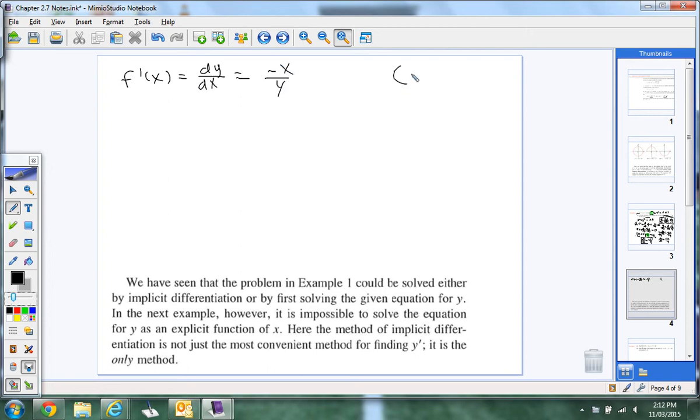The point they give me was negative 4, 3. Okay, so what that does is I plug these in. A negative negative is a positive. 4/3. What does that stand for? Your m. That's your slope of the tangent line through that point.